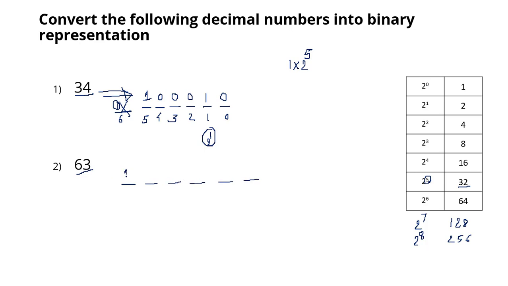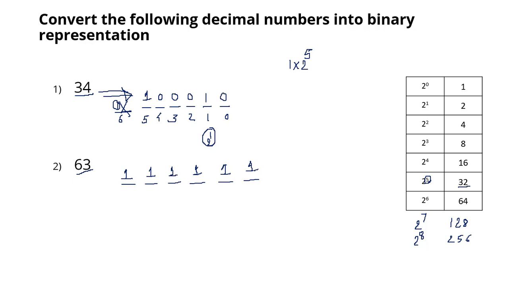Because I want to make it 1 here, it's 32. 32 plus 16, I will make it 48. 48 plus 8, 56. 56 plus 4, 60. 60 plus 2, 62, and 62 plus 1, 63. I keep doing the sum as I put 1 in each place. So this is how you can represent 63 in binary. All 6 digits have to be set to 1.